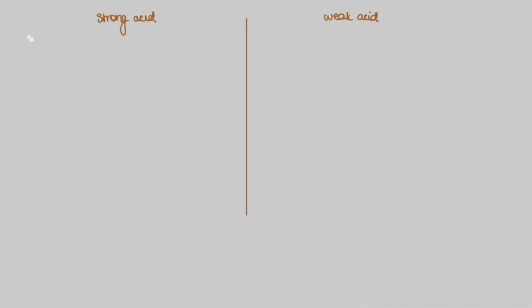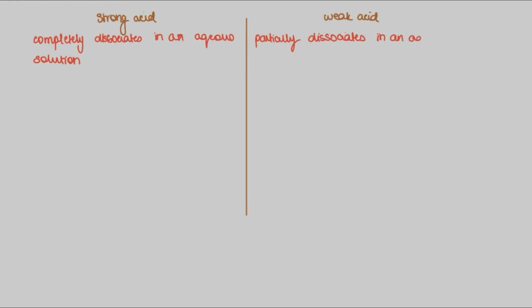So a strong acid completely dissociates in an aqueous solution, while a weak acid partially dissociates. Alright, now how do we show it and what are the examples? We'll do it just now.